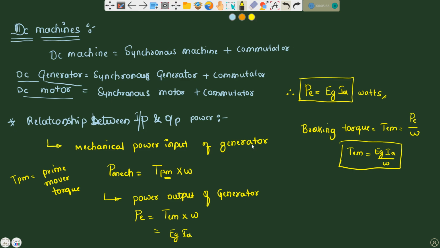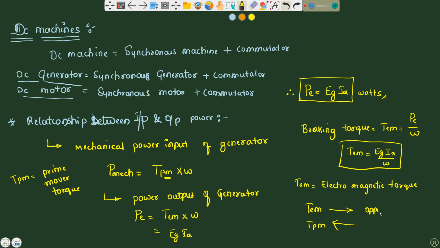So in a DC generator also, as I said, motor action takes place. What is T_EM? Electromagnetic torque, correct? This electromagnetic torque due to motor action always acts in the opposite direction to the prime mover torque. So if T_EM is in this direction, T_PM, the prime mover torque, will be in the opposite direction.